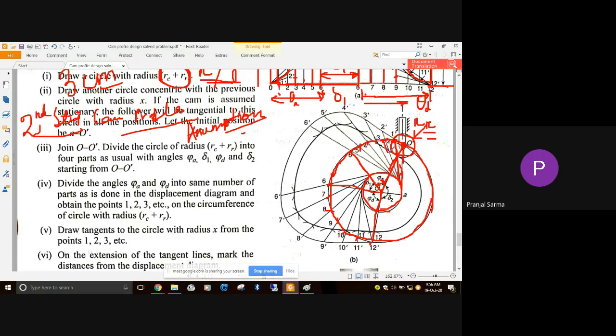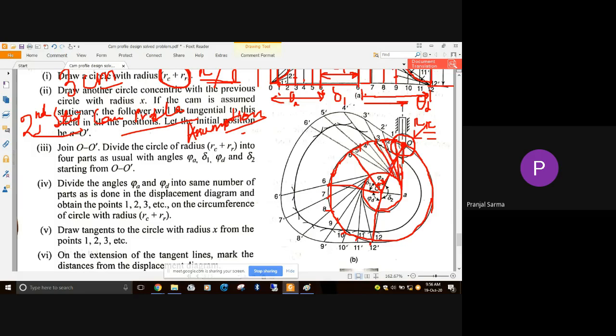You can even draw like this and pass it, but it will look haphazard. That's why wherever they meet, we will stop there only. You don't have to extend the tangent lines, but just make sure that it looks like a tangent.